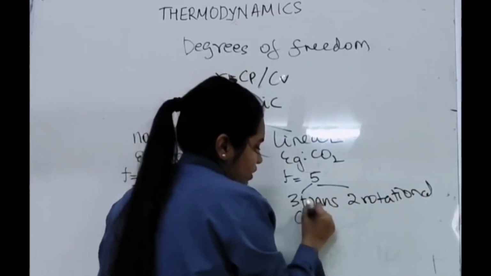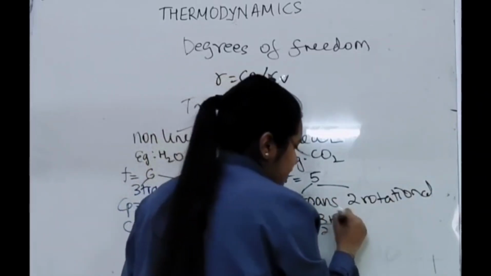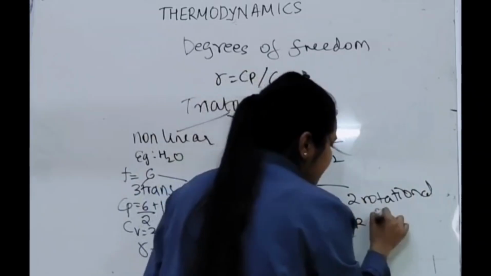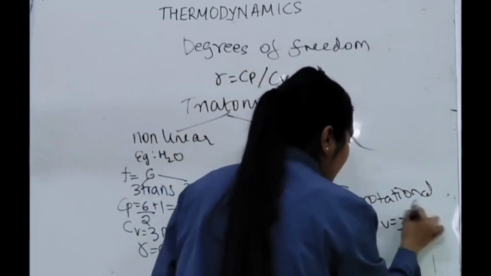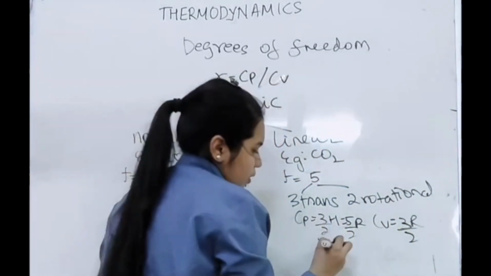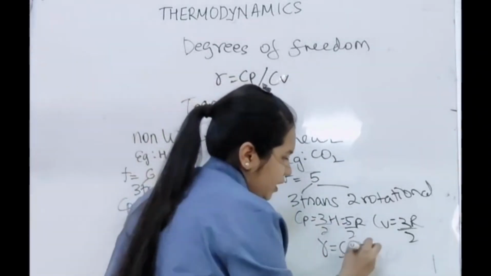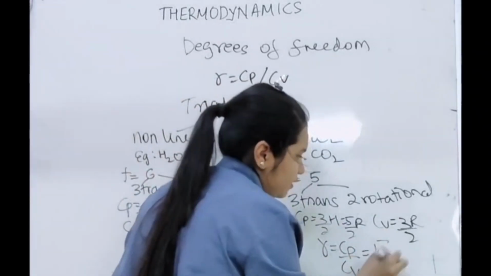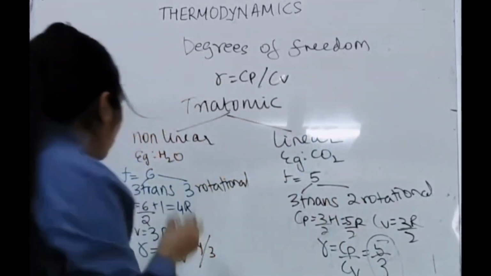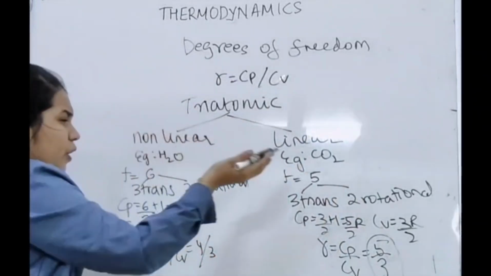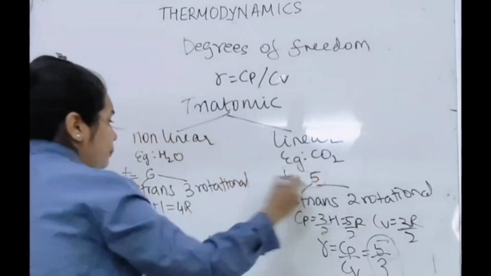So Cp equals (3 by 2 plus 1), which is 5 by 2 R. Cv is 3 by 2 R. Gamma equals Cp by Cv equals 5 by 3. The earlier one was for non-linear, and this is for linear.